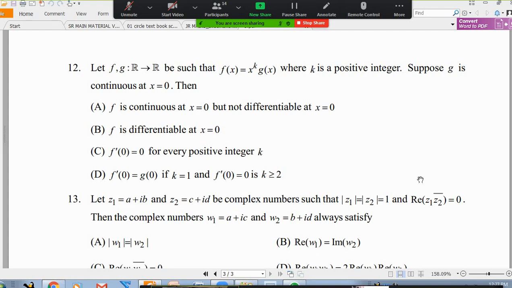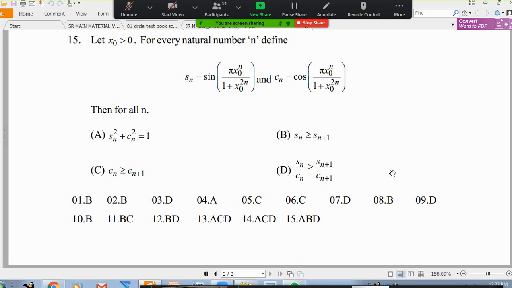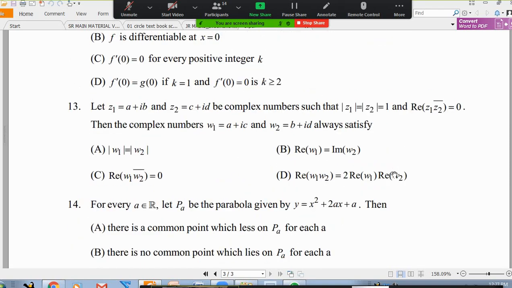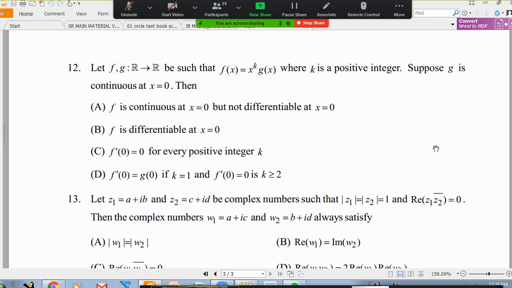F dash 0 is same as g of 0 only when k is 1, and for the rest of the time it is 0. So BCD should be the answers. Yeah, because when k is 1, f dash 0 is not 0. So BD is correct.